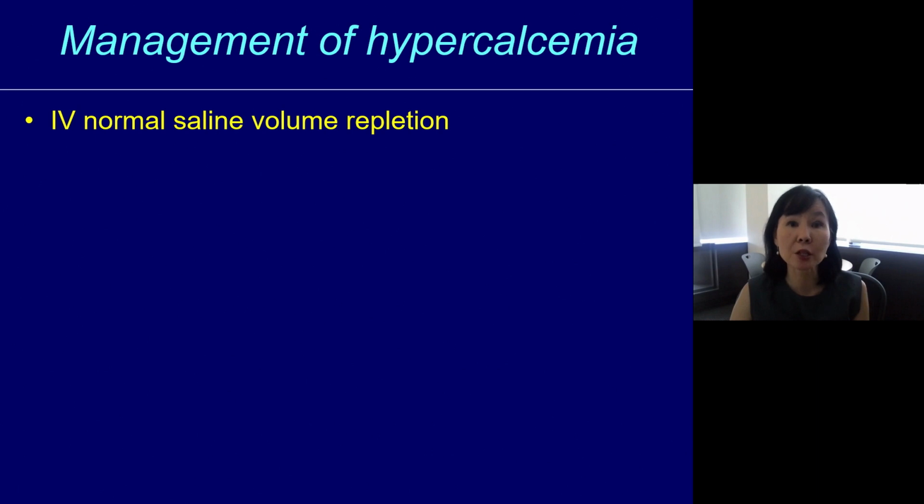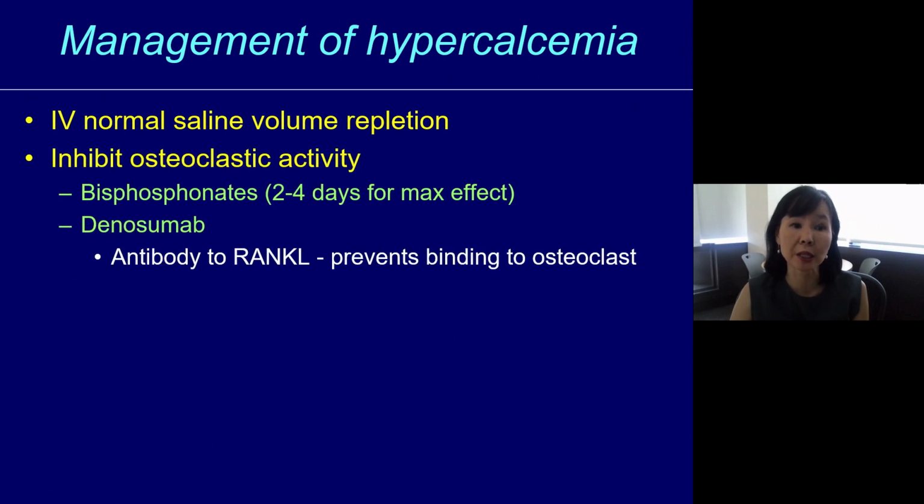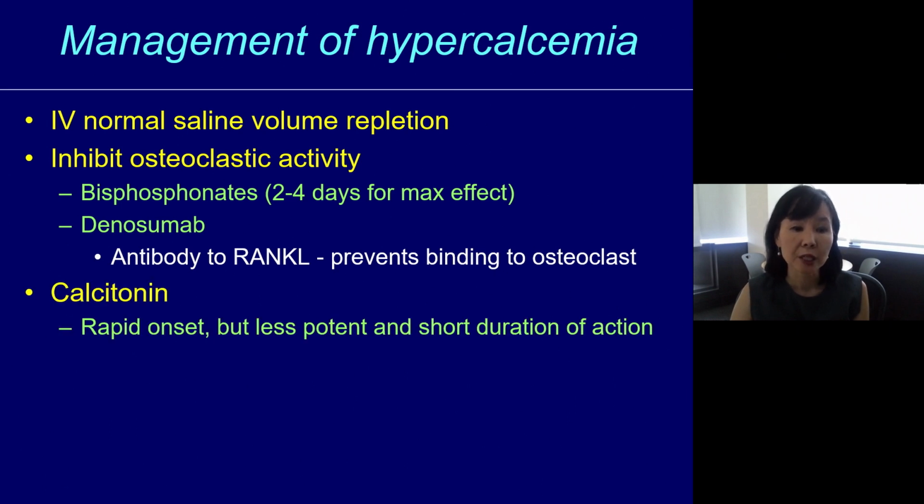And the management is what we did first, which is IV normal saline volume repletion. That's actually a very fast way to bring the calcium lower. And then you also want to inhibit the osteoclastic activity, either with a bisphosphonate, or the alternative would be denosumab, which is an antibody to RANK ligand.